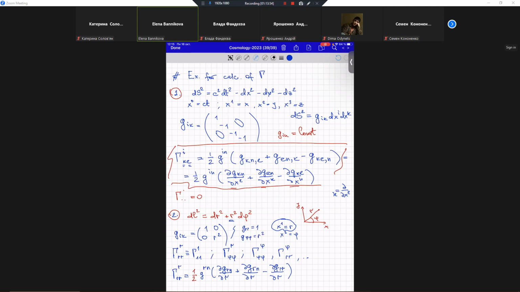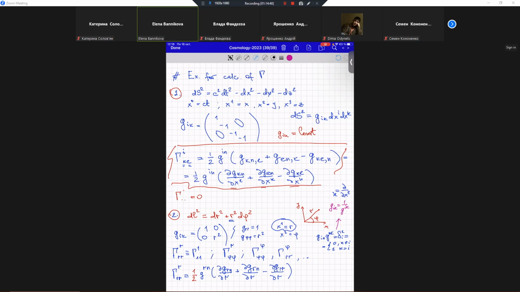R squared. Okay. I also will remind that we have some relation between the metric tensor: G^IN times G_NK equals delta IK, which is 0 when K doesn't equal I and 1 when K equals I. So it just means that G^IK for this case equals 1 divided by G_IK.